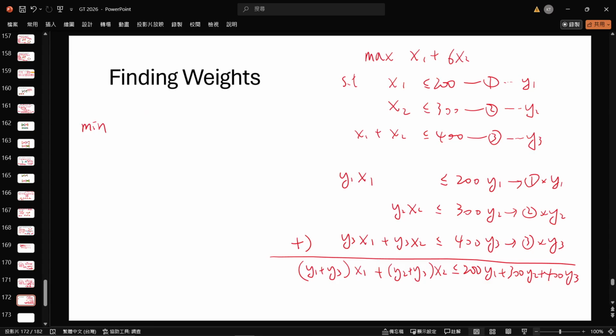Now let's model the process of finding these weights as an optimization problem. And because we want to have this right-hand side as small as possible, this is a minimization problem. And the goal is to minimize this.